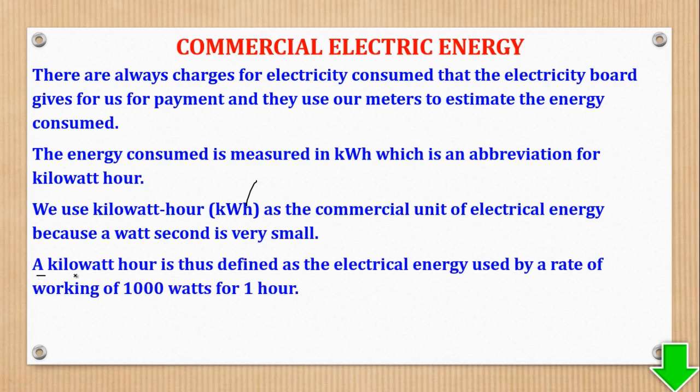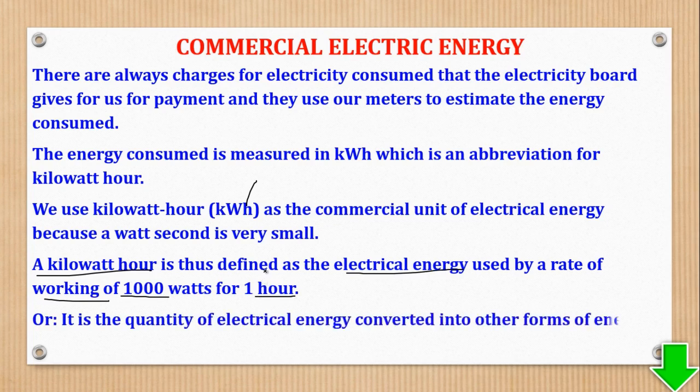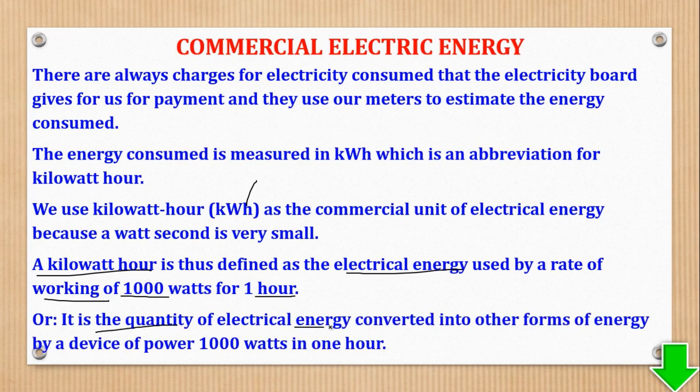Therefore, by definition, a kilowatt hour is the electrical energy used by a rate of working of 1000 watts for 1 hour. Alternatively, you can define it as the quantity of electrical energy converted into other forms of energy by a device of power 1000 watts in 1 hour.